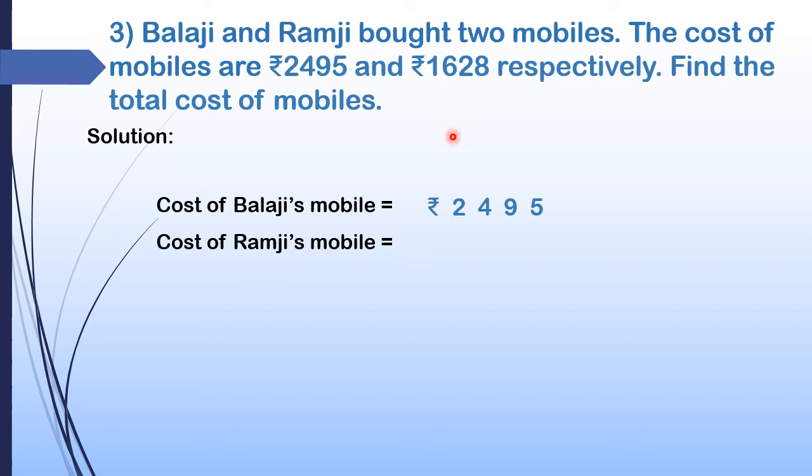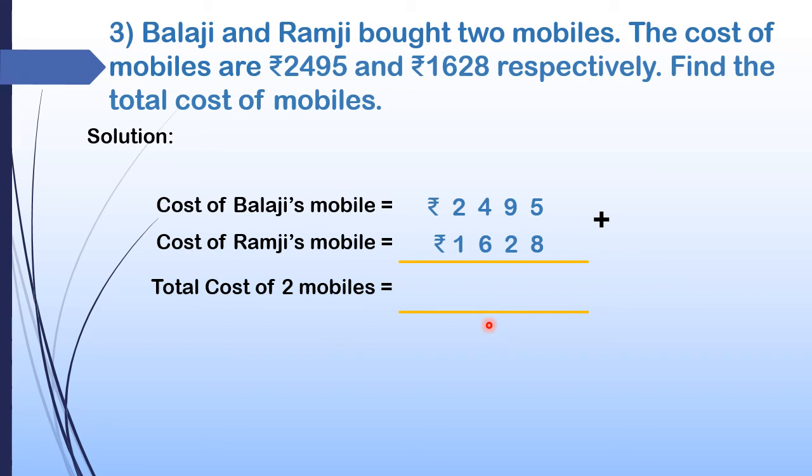What is the cost of Ramji's mobile here? 1628. Now what we have to find out? Total cost of two mobiles. So here we have to add. To find out total cost of two mobiles, we have to add.